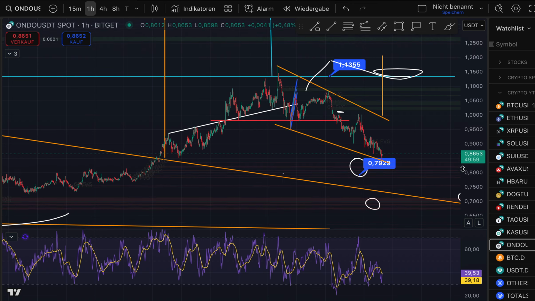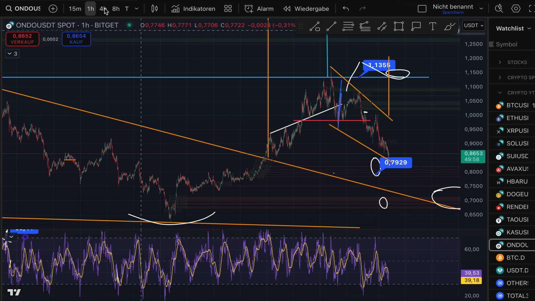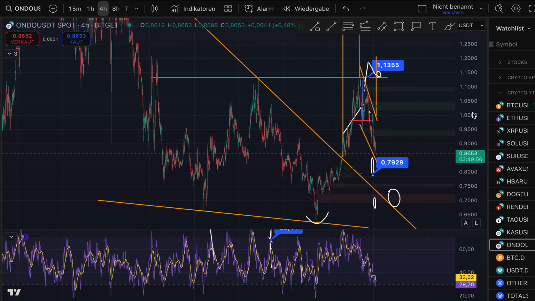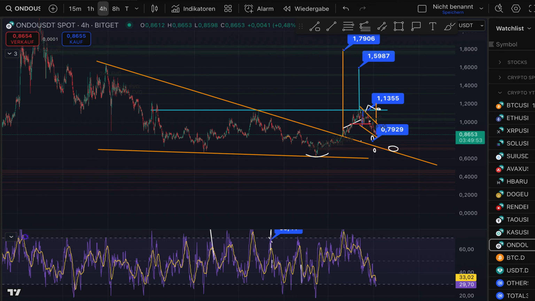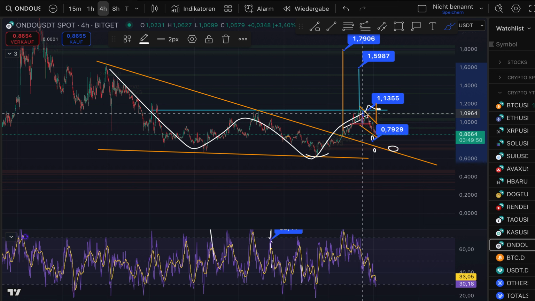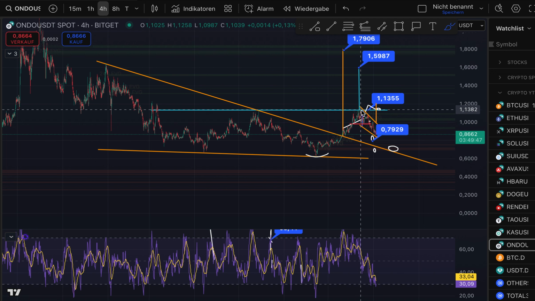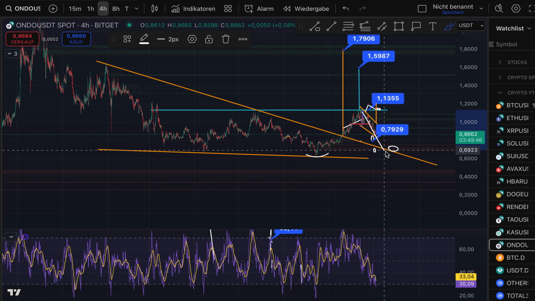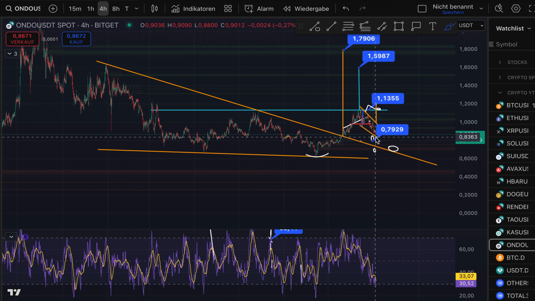So our overall plan was that we have on the bigger chart this falling wedge, which broke to the upside, and we were thinking maybe we get even a second retest of that falling wedge. We don't have to get this one. We already went into the 8.5 cents.